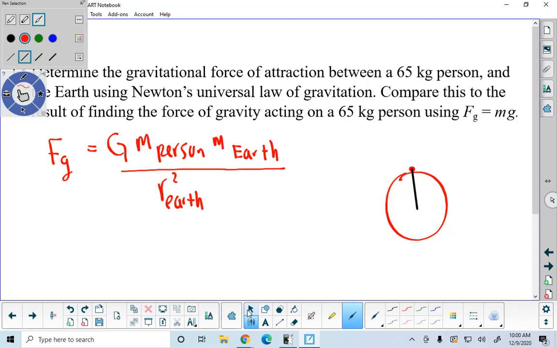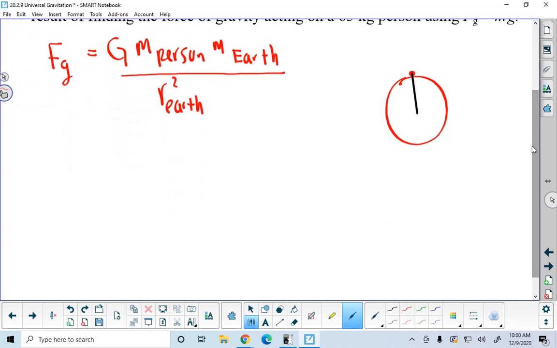And now we're going to put in all of the numbers. It's going to be a little clunky because we have all of these units. After a while, you'll be able to do this calculation without even writing it down. Capital G is 6.67 times 10 to the negative 11 newton meters squared per kilogram squared.